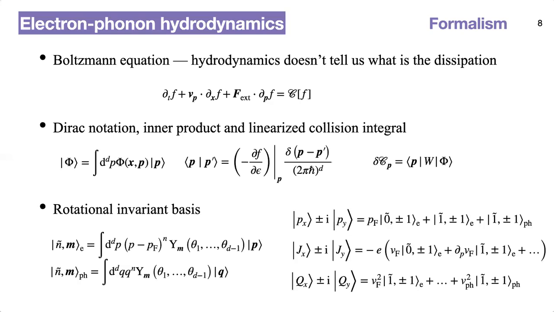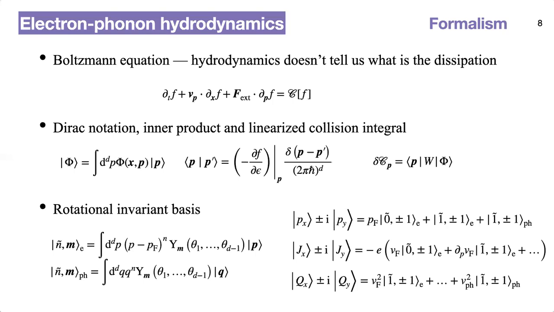Since we are assuming an isotropic Fermi surface, we have a good rotational symmetry. So we can decompose each mode in terms of a rotationally invariant basis. As an example, I show here that the momentum, the current, and the heat current can be written in this basis.